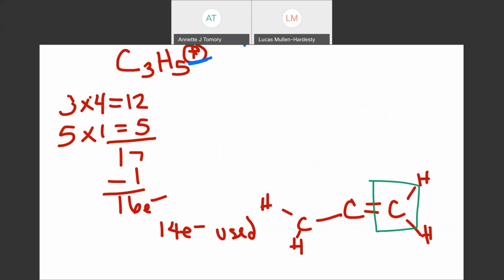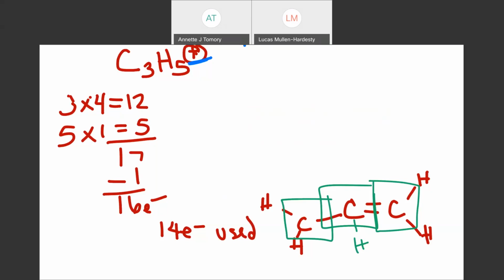Yeah. The carbon in the middle, oops, I forgot hydrogen here. Is the carbon in the middle a full octet? Yes. The carbon on the left, is that one? No. Is there anything I can do about it? No, not really, because I don't have any more electrons to spread around.